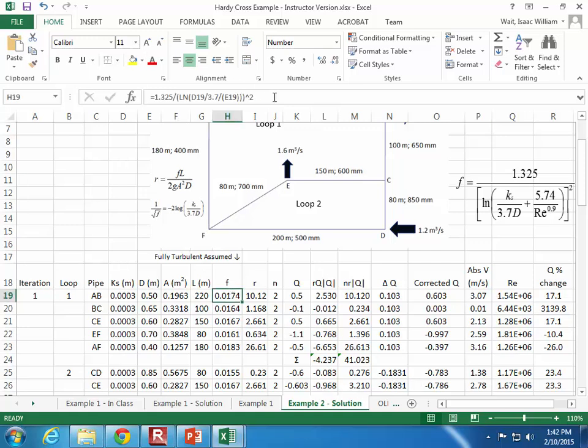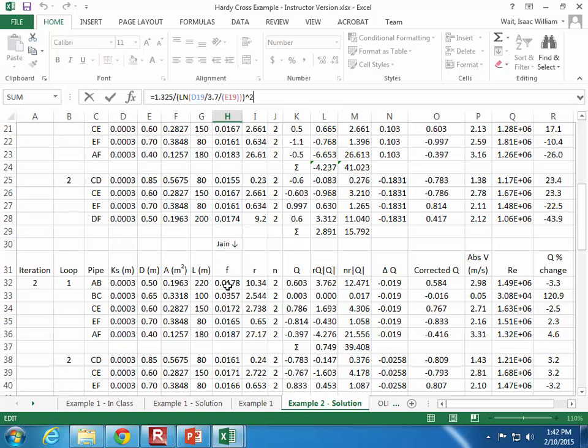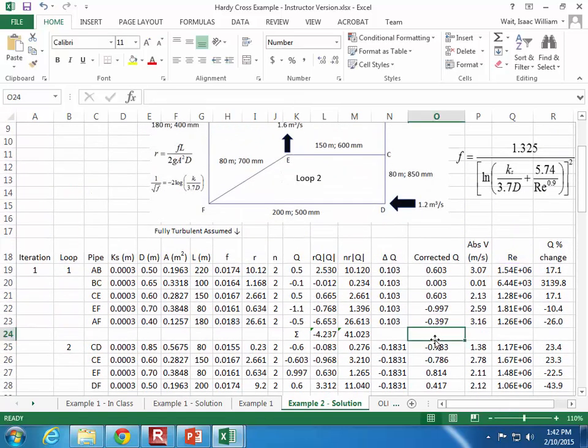So we start off our F values with just fully turbulent flow assumptions. Don't forget to switch back to the full Jain equation in the second iteration. So you see now I've got the full Jain equation for my F values once I have the Reynolds numbers from the previous step. The other common mistake that students could potentially make is, where are our common pipes on this one?